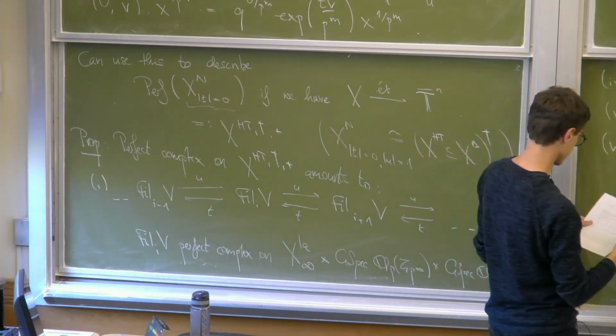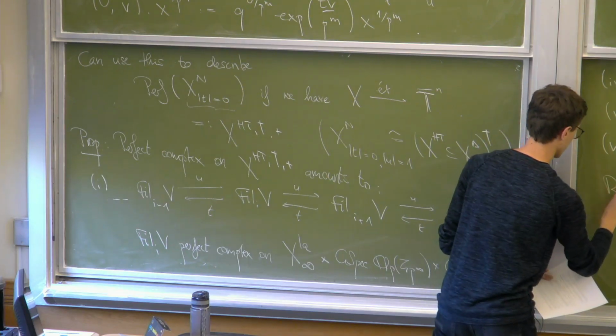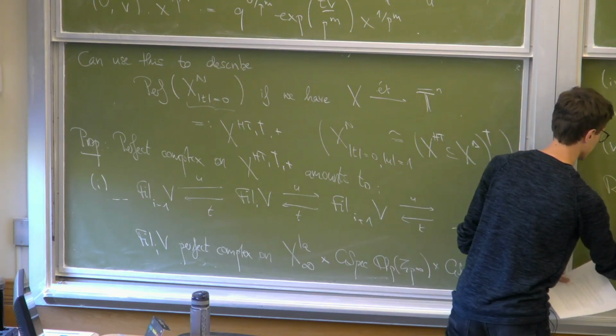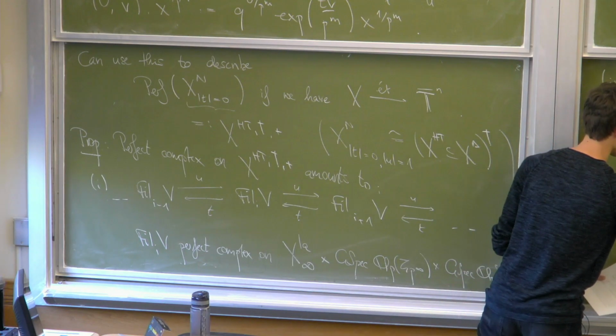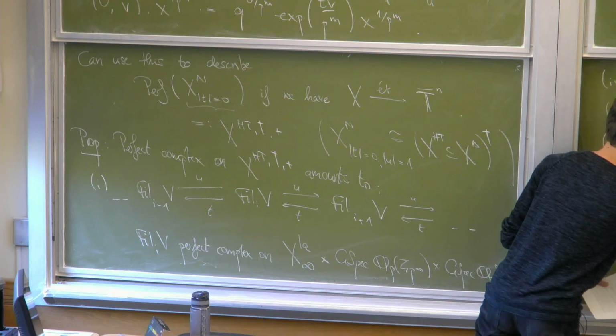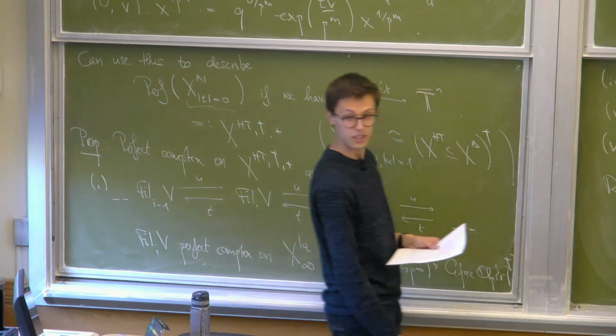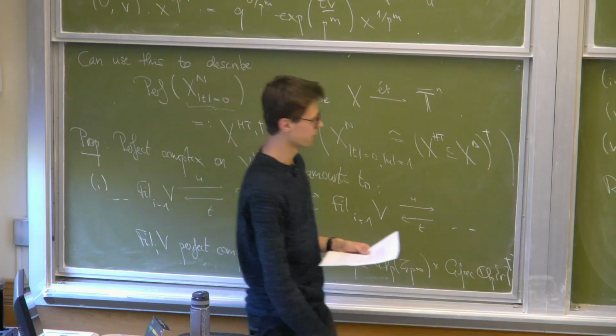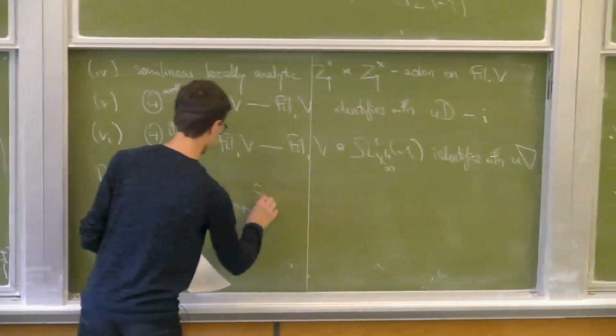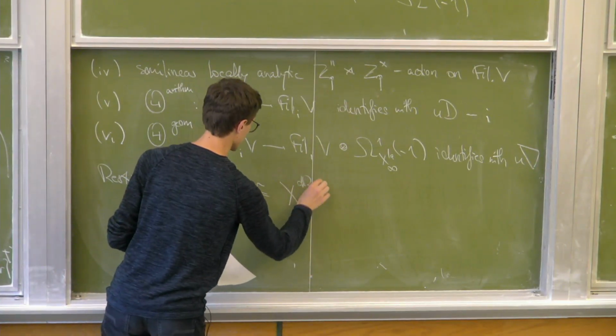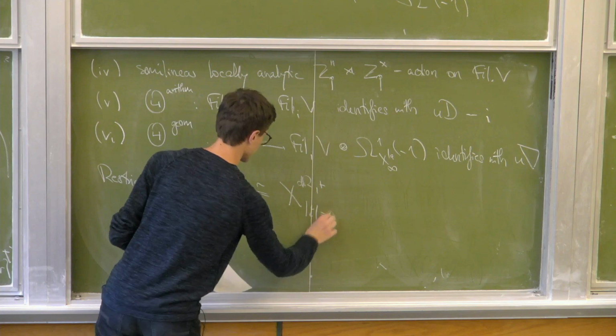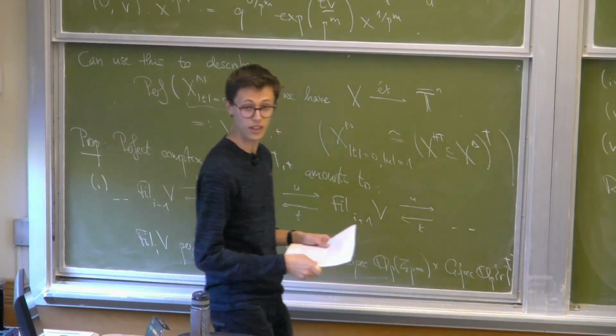But maybe more interesting is what happens if I restrict to the locus where both U and T have norm 0. So I can do this, and this is isomorphic to the norm T equals 0 locus in the filtered de Rham stack.